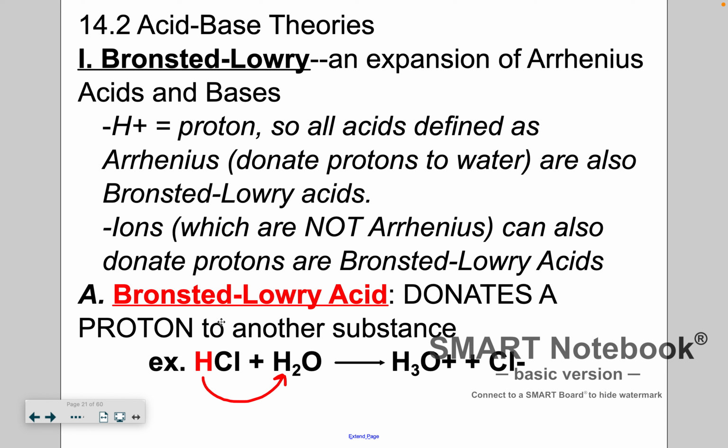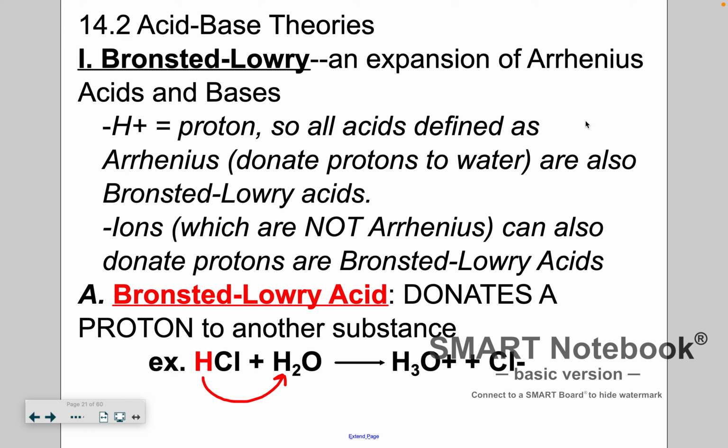Arrhenius acids and bases. Remember that an Arrhenius acid is a chemical compound that increases the concentration of hydrogen ions in an aqueous solution. So if you put hydrochloric acid in water, the ions pull apart from each other, and now I have H plus and Cl minus floating around, an increase in hydrogen ions.